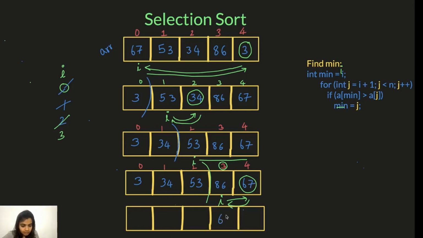So 67 comes here and 86 goes over here. And the remaining we just copy them as they are. Now once I reaches n minus 1, the array will be sorted because anyways the largest number will come towards the end. Okay, so we have successfully sorted our array using selection sort.